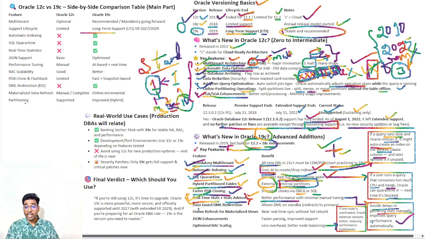So next is the Data Guard DML redirection. Data Guard DML redirection means, suppose I have a production database and a standby database, and a user is updating a profile in the standby database.